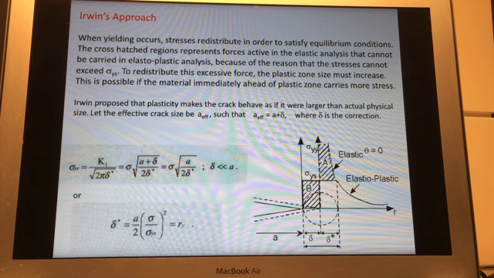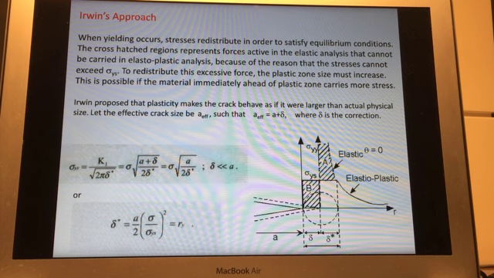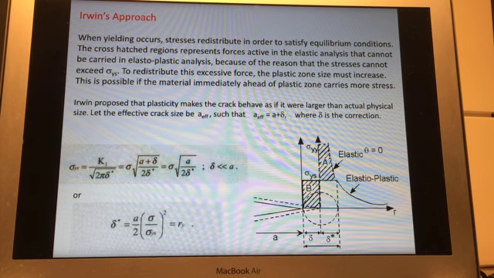This is because the stresses cannot exceed the yield strength sigma y. To redistribute this excessive force, the plastic zone size must increase, and this is possible if the material immediately ahead of the plastic zone carries more stress, right?